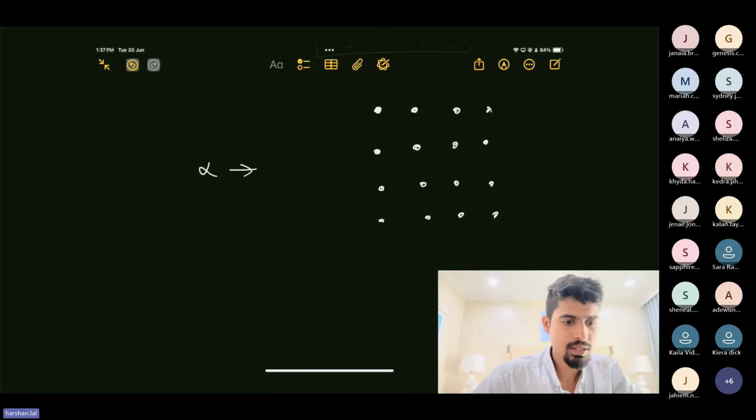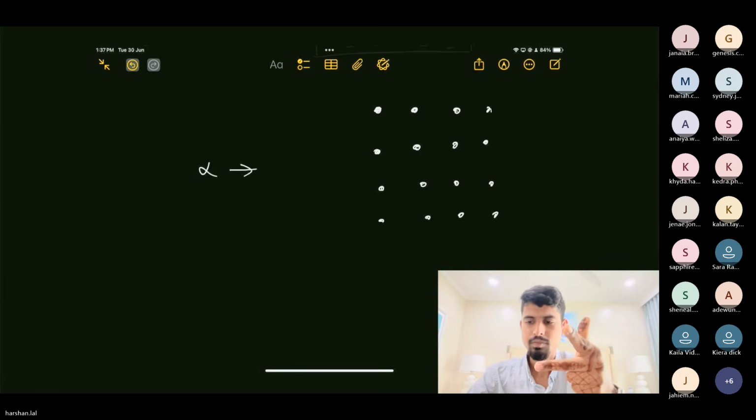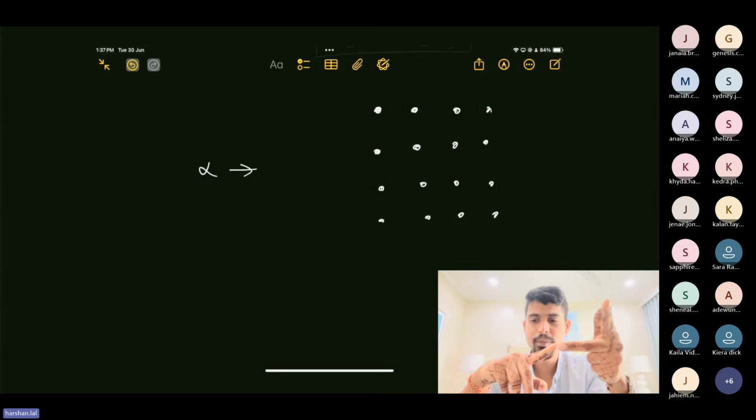Let me just flip it. So my right hand, you're seeing this finger in the same direction of motion of the alpha particle, right?